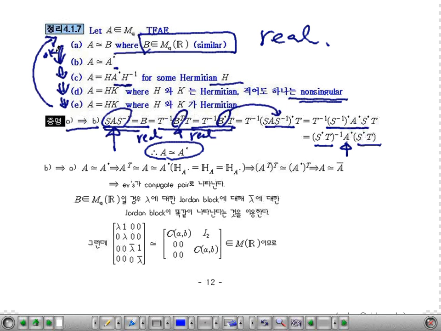Second, I want to show B implies A first. The reason I show this one first is that when I show E implies A, this is the hard part. The others are very easy, and this is the hard part.